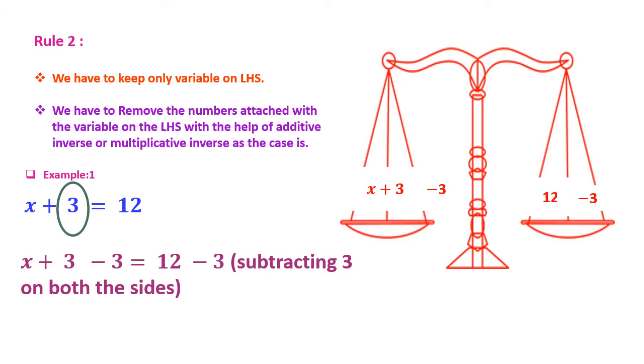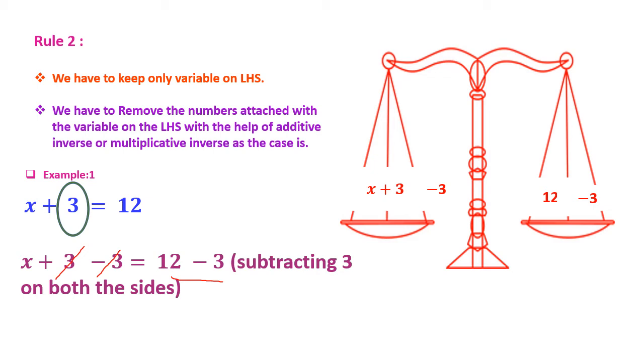So x plus 3 minus 3. Here you can see, and in the RHS we get 12 minus 3. Plus 3 and minus 3 get eliminated because plus 3 minus 3 is 0. And what about the RHS? 12 minus 3 is 9.